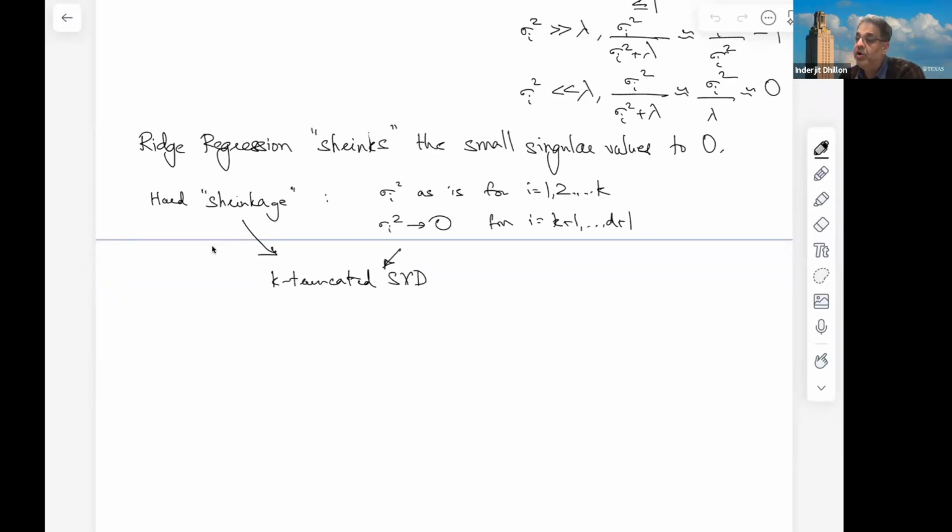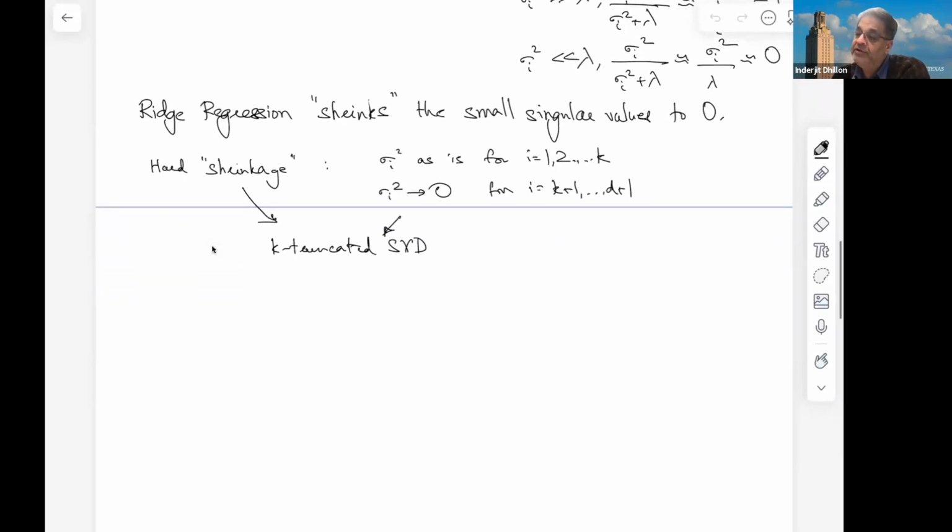Okay, so let's look at another view of ridge regularization. Ridge regression. So far we've said, minimize ||X^T w - y||^2 plus lambda times the L2 norm squared of w.